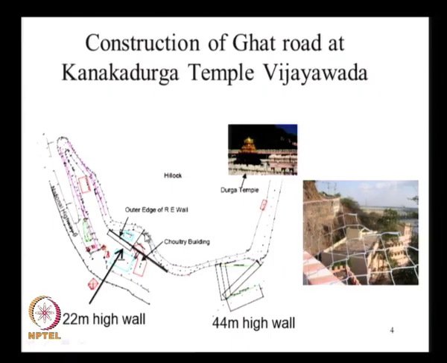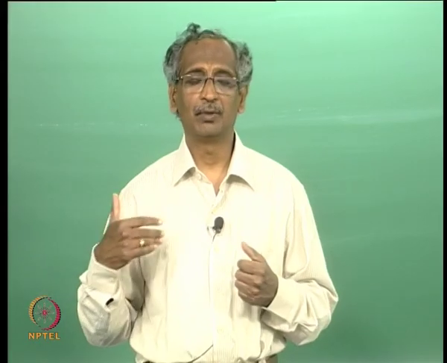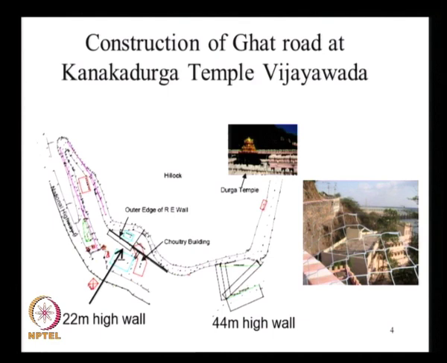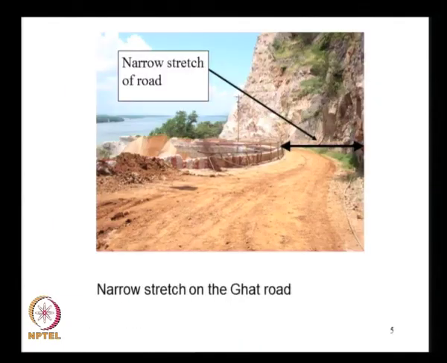And the purpose of this construction is to widen this narrow road, because the narrow road is so narrow that it was meant mainly for bicycles and scooters, and later on people started using cars. Then you have to squeeze through a very narrow opening, which is quite dangerous. Then if too many people drive the cars up to the temple, there is no parking space. So that has to be also catered for in this construction.